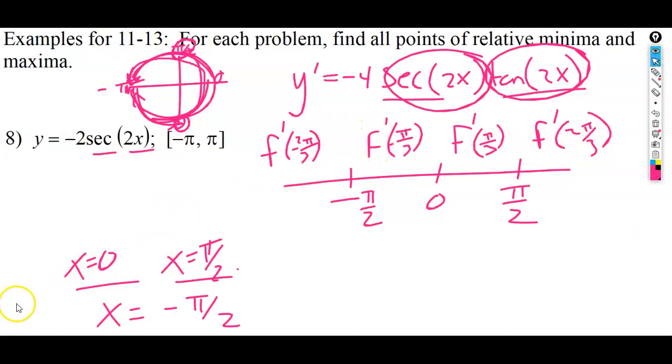So in the interest of time, I'm just going to go ahead and plug one of these in, and you can try the others if you want to, but I'll have the answers in advance for the other ones. So let's go ahead and plug these into our derivative and see what we get here.